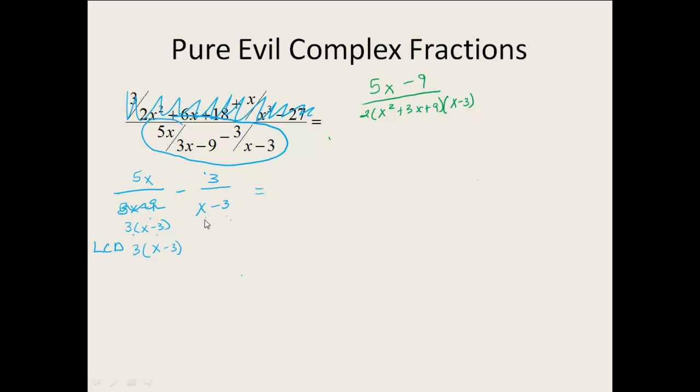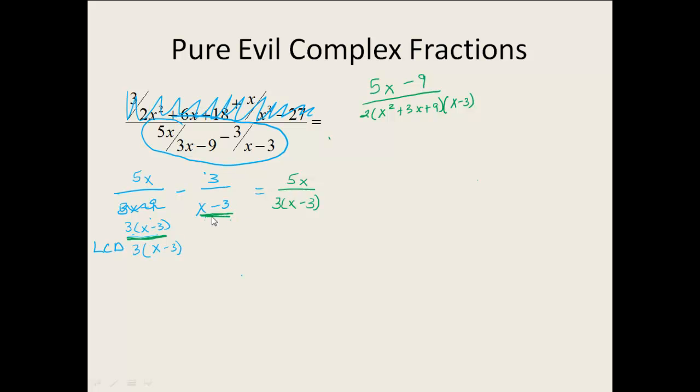Then as I look over here, I already have the x minus 3, so I don't need to add it again. Then I need to go back and figure out what this denominator is missing from my least common denominator. And it isn't missing anything, so it just gets to stay by itself. It's going to be 5x and then 3 times x minus 3.